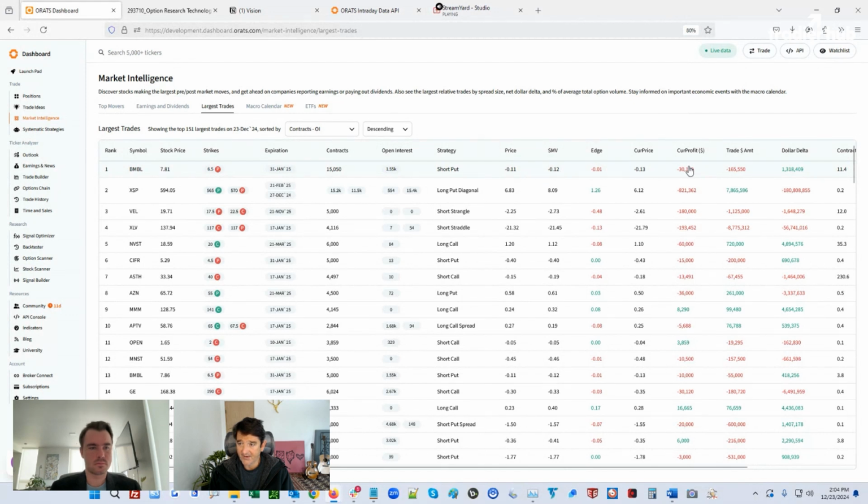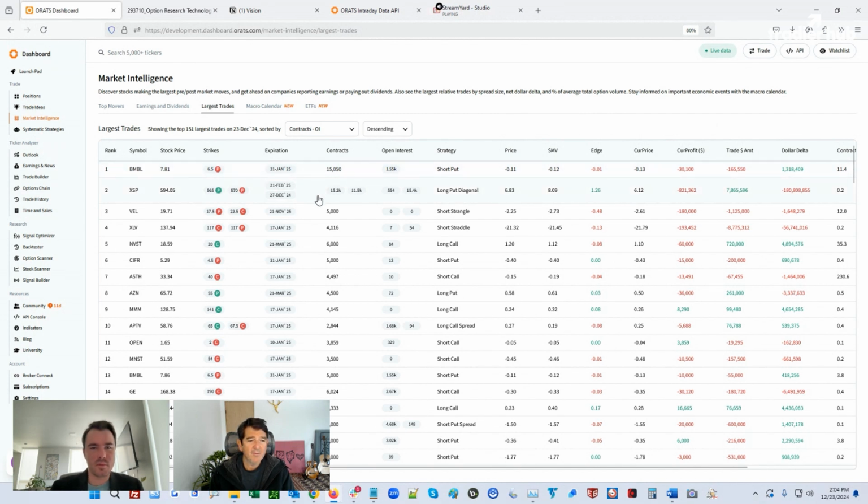It's now 13. So they're down 30,000. Trade amount is the premium times the contracts, and the dollar delta, which is the price of the stock times the delta, is $1 million on the long side, since they sold the put. So should we dig into that one?